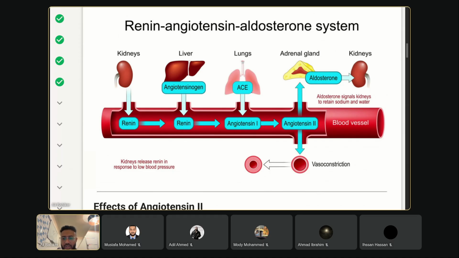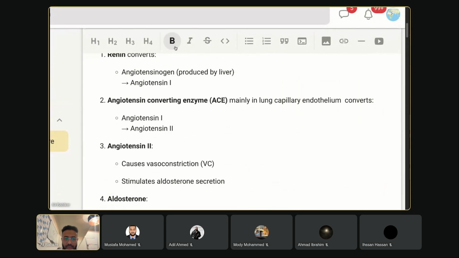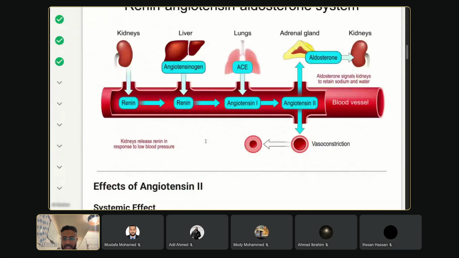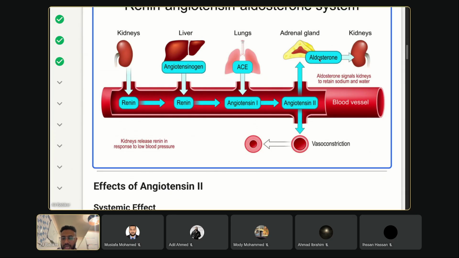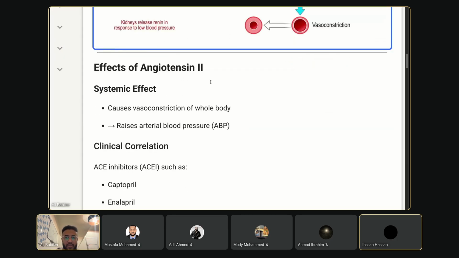Every single doctor should understand it in and out and memorize it. We'll come to the details in a second, okay? So after this image, you don't need to study this one. This image tells you exactly how we reach the angiotensin 2, which will increase the production of the aldosterone.